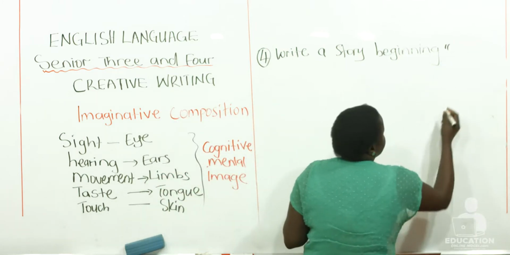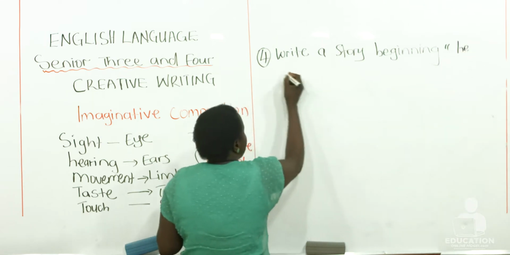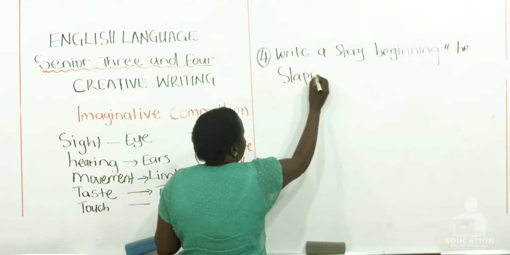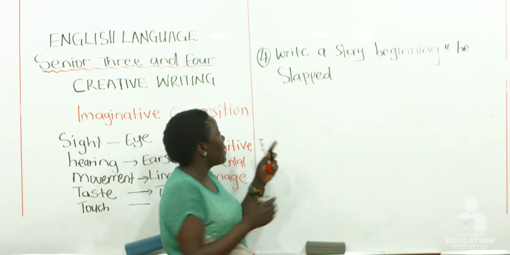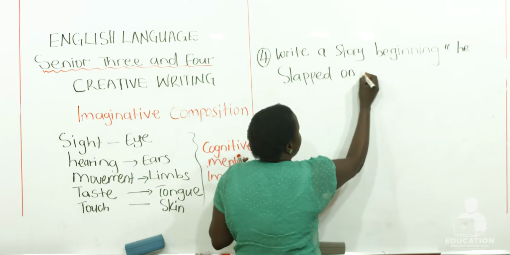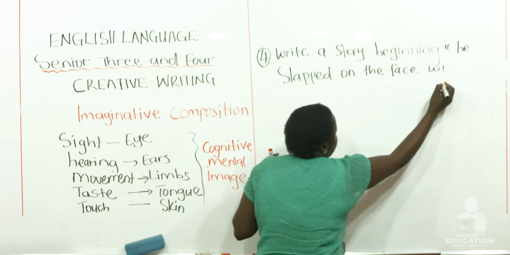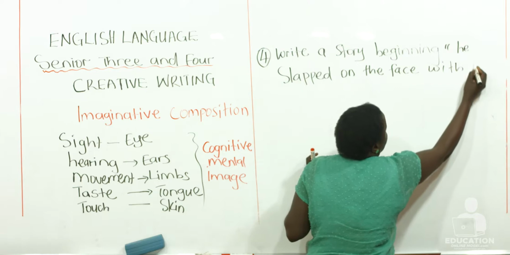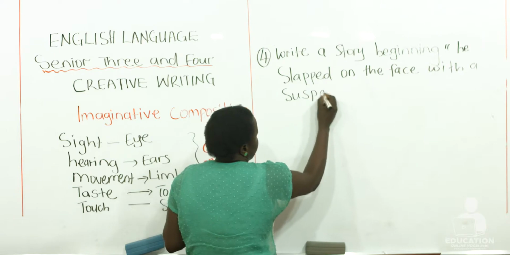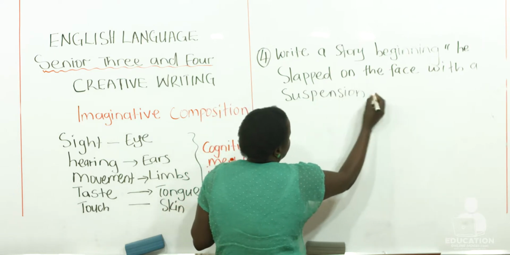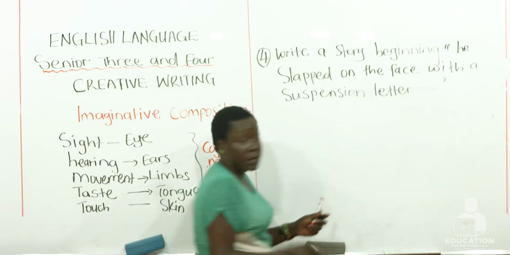Begin the quotation here: "He slapped me," slapped with a double P, S-L-A-P-P-E-D, "He slapped me on the face with a suspension letter." Now you can put dots and close the quotation.